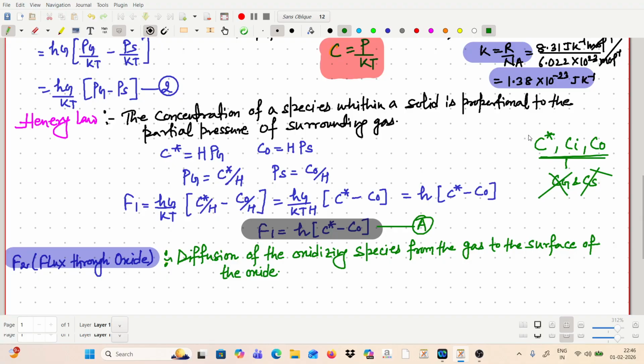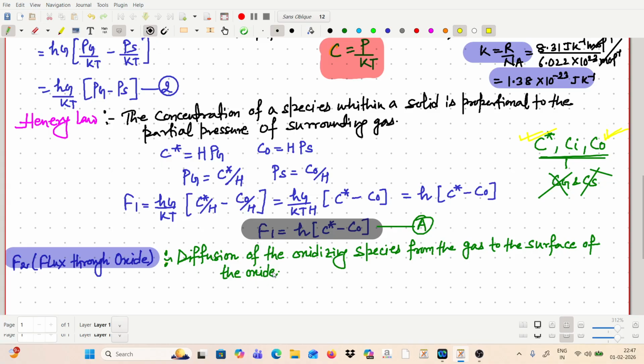So we focus only on these three. So F1 we have written in terms of H times C star minus C naught. How is it coming? We solved it by using the ideal gas equation, then Henry's law, so it should be H times C star minus C naught.